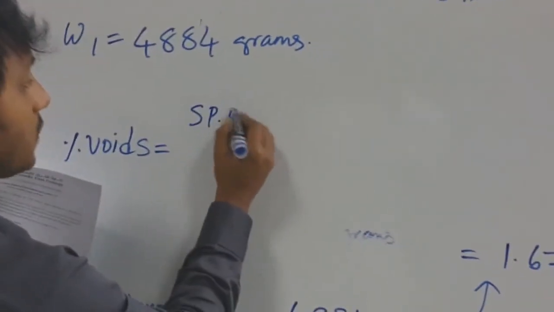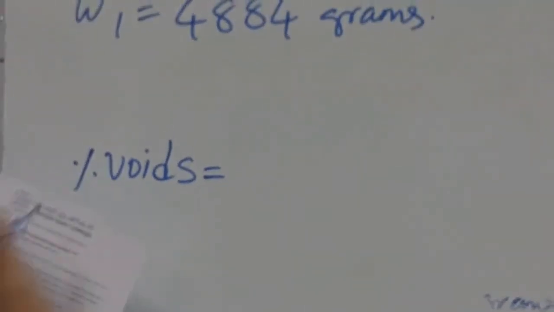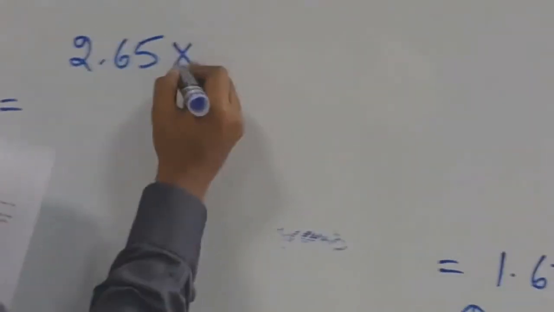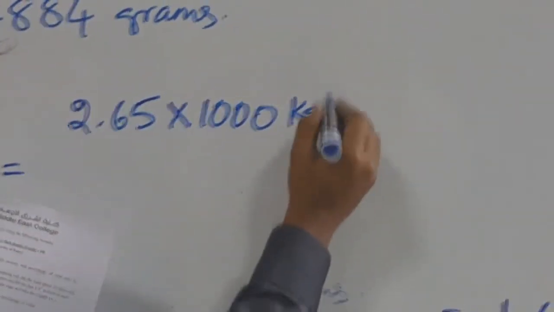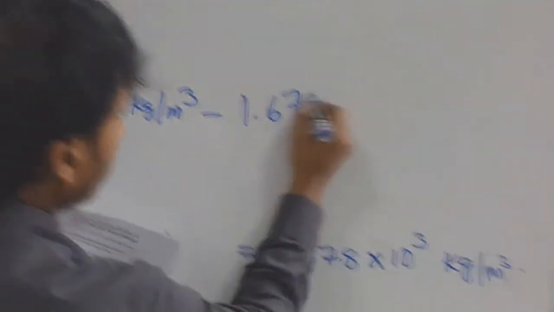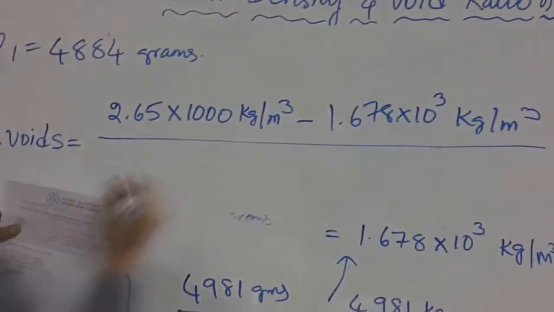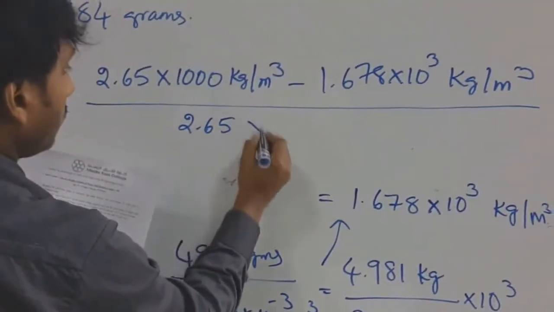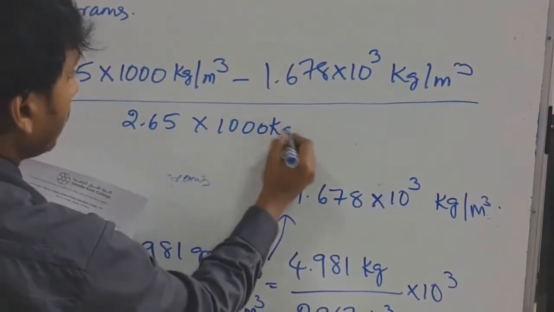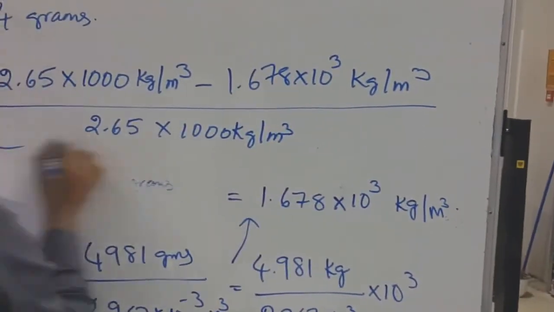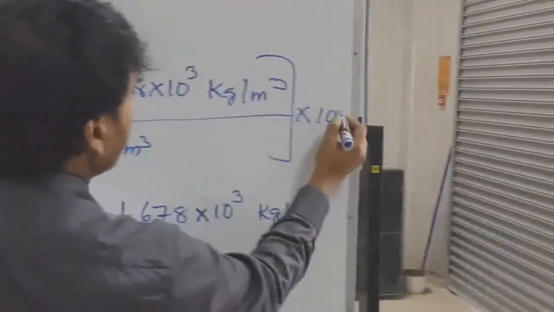I'll write the direct equation, you know the formula. Specific gravity of compacted sand is 2.65. Density of water 1000 kg per meter cube minus bulk density of sand 1.678 into 10 cube kg per meter cube, over specific gravity of sand 2.65 into density of water 1000 kg per meter cube, whole multiplied by 100.